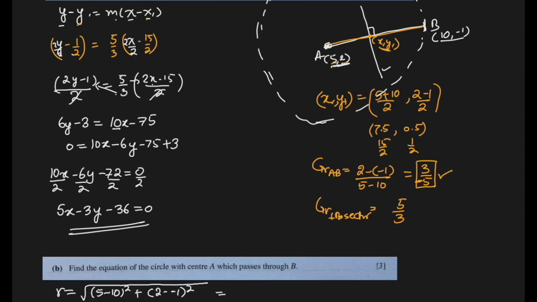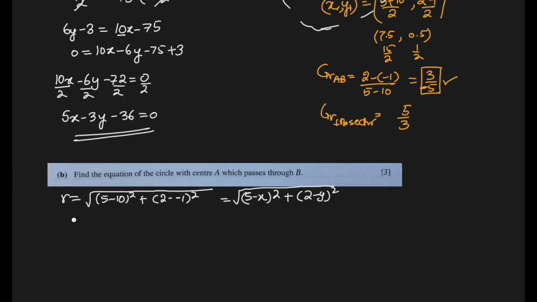Let's put a general point also, because for the equation we need a general point. Let's say the general point is here, not here, otherwise you'll think that it is on the diameter. This will also be equal to the radius. So the square root of (5 minus x) squared plus (2 minus y) squared, and this will give us the equation now.